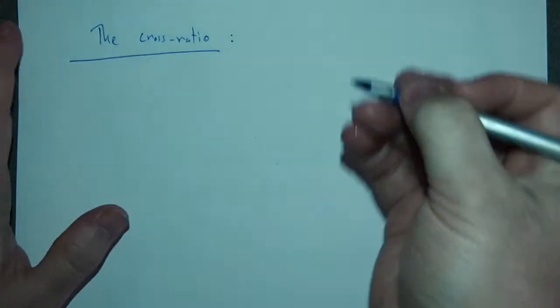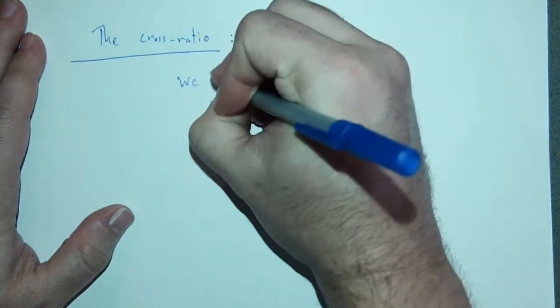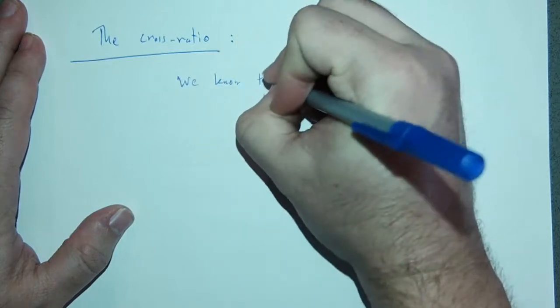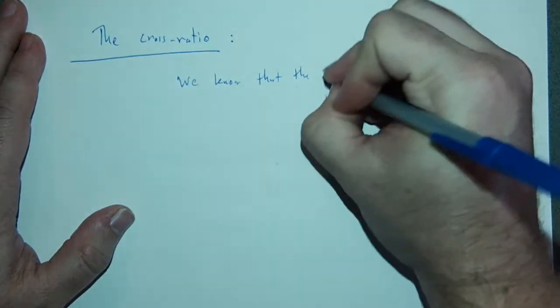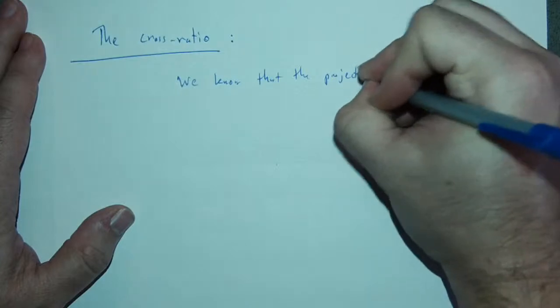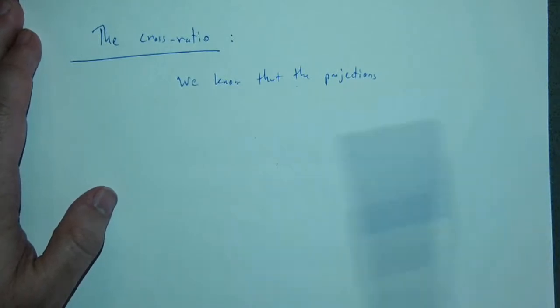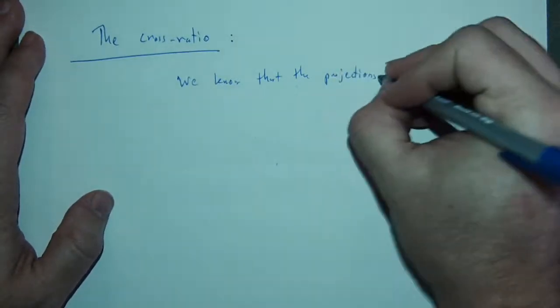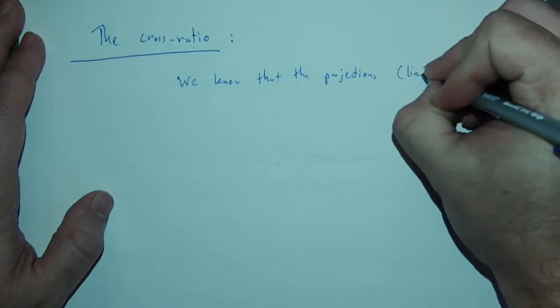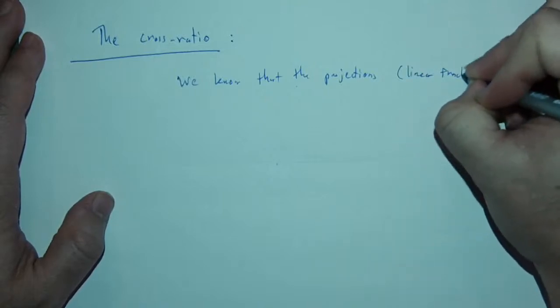So the cross ratio, what is it? Well, first, we know that projections are associated with linear fractional transformations. There's a correspondence between those. So whenever you see the word projection, you can think of linear fractional maps.